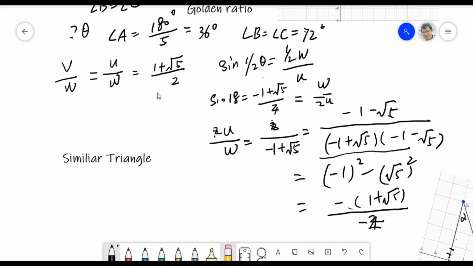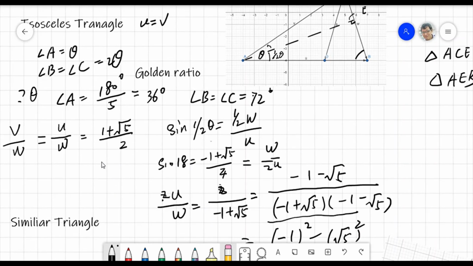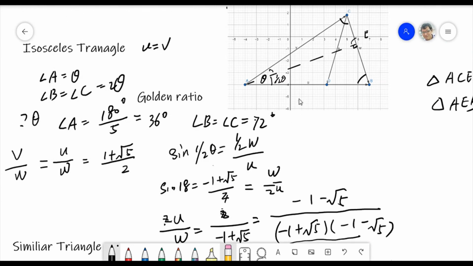So what we proved is that for the golden triangle, the equal side divided by the base has a fixed ratio of 1 plus square root of 5 over 2.